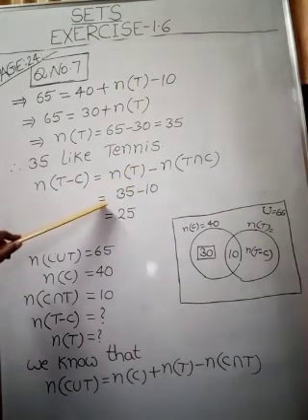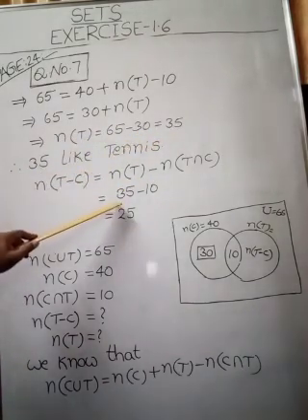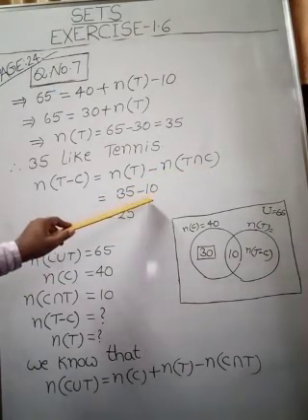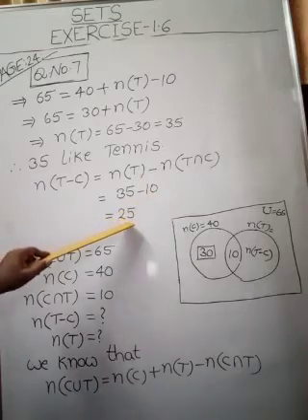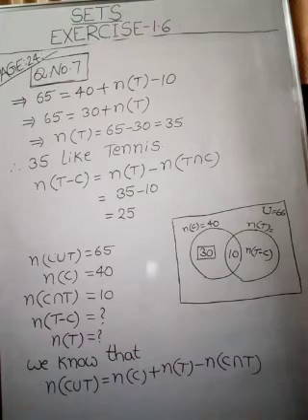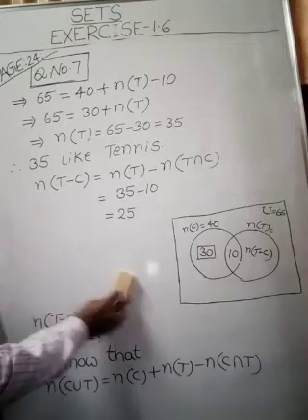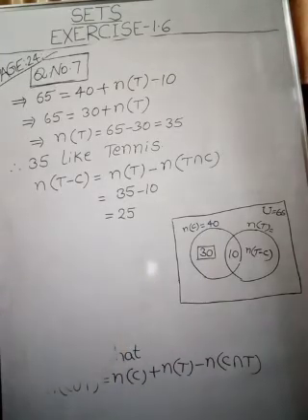Right. That is equal to N of T. We found here N of T is equal to 35. So 35 minus N of T intersection C, already given in the question, 10. So 35 minus 10. What will you get here? 25. So these 25 people like only tennis, but not cricket.